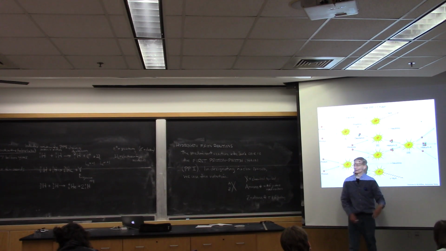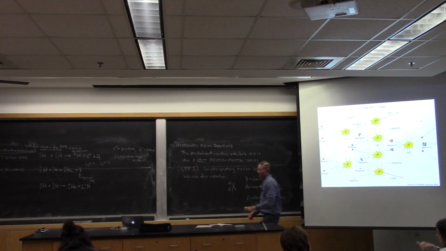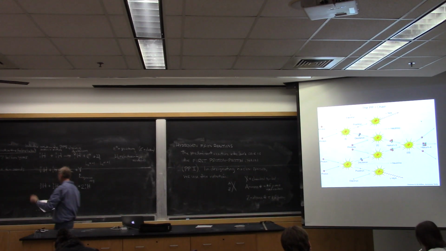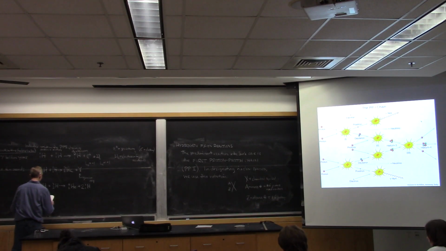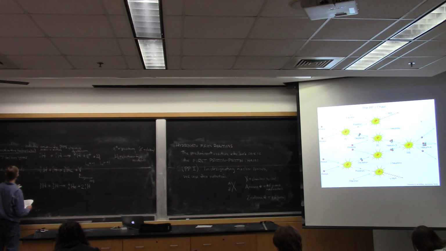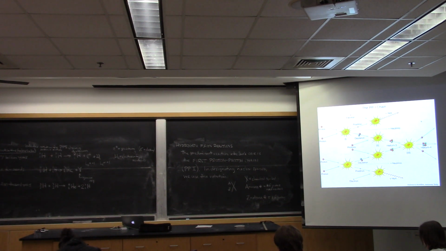I'll say it next time. Anyway, the net reaction, I could easily figure it out, but we're already past time, so I'll just shut up and say it smarter next time. 400,000 years is how long, on average, a helium-3 lasts before it hits another helium-3 and does this last stage.